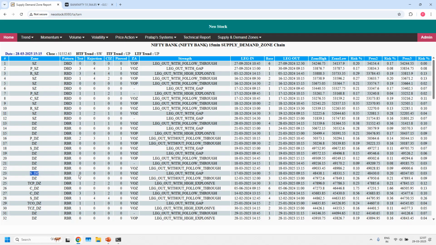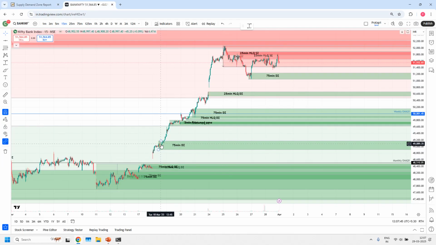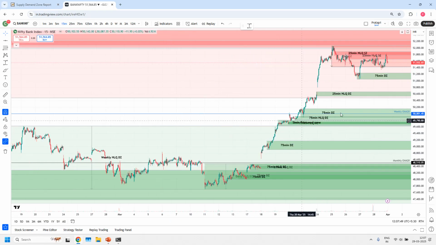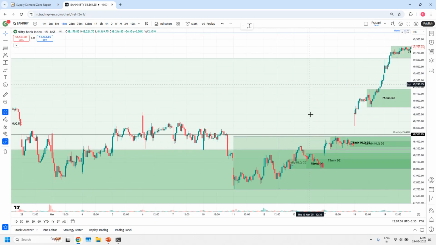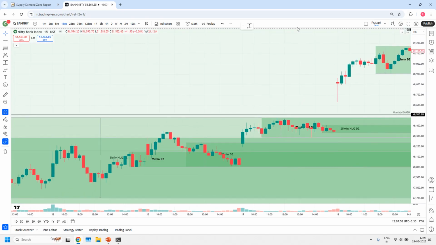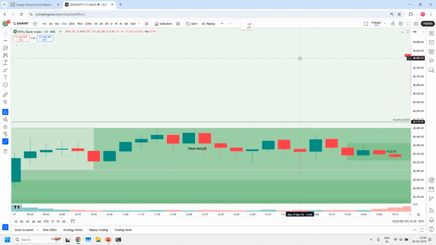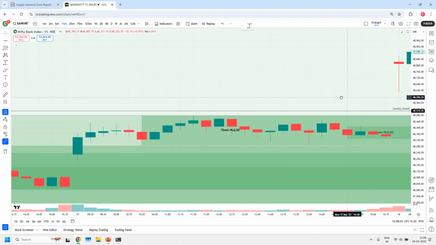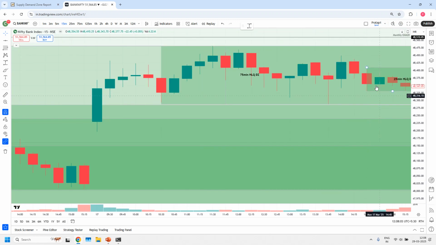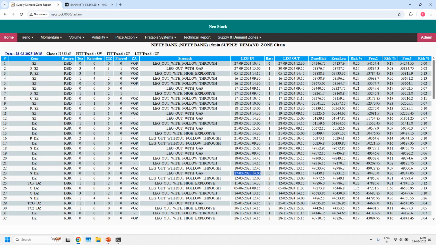So go to 23. This is 17.3, 14 hours, 5 base candles. Where is 17.3? This is 18.3. This is 17.3, 14 hours.